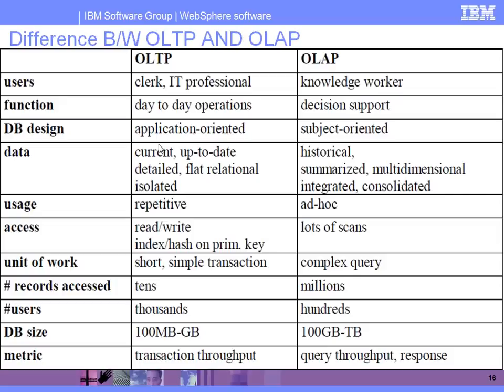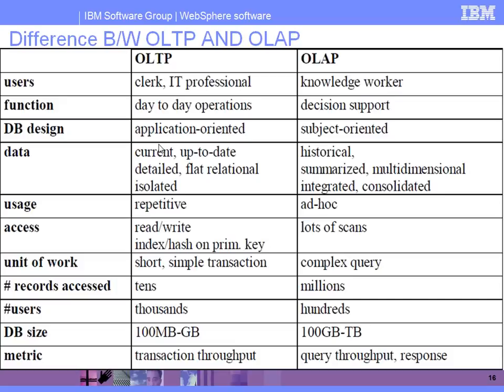These are the basic differences between operational systems, online transaction systems, and analytical systems.